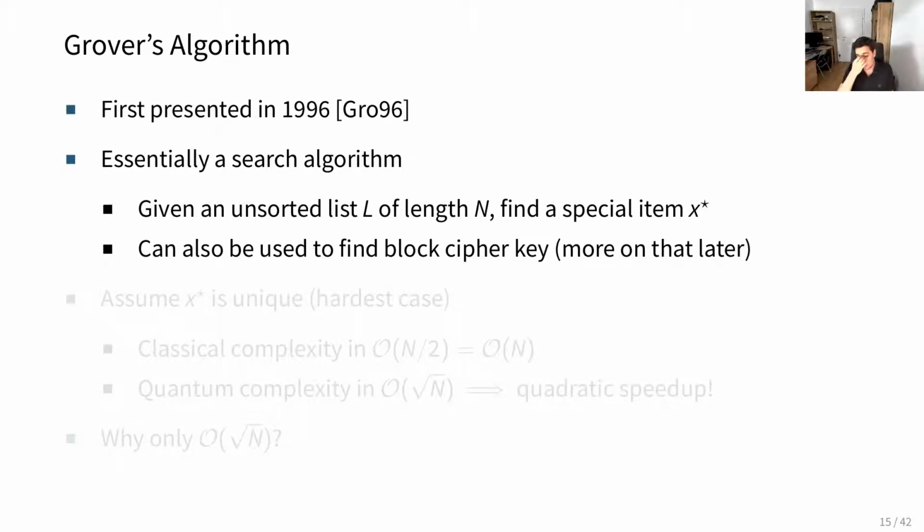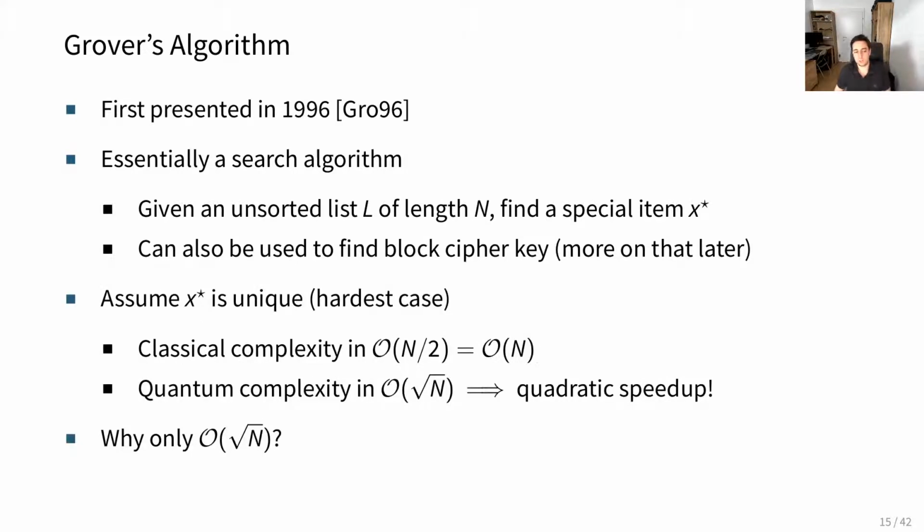To understand the difference between the classical search in a list and the quantum search in a list, let's assume the hardest possible case. The hardest case is, of course, if the item we want to find is unique. Why? Because if we have multiple occurrences, then the probability to encounter this item is larger.